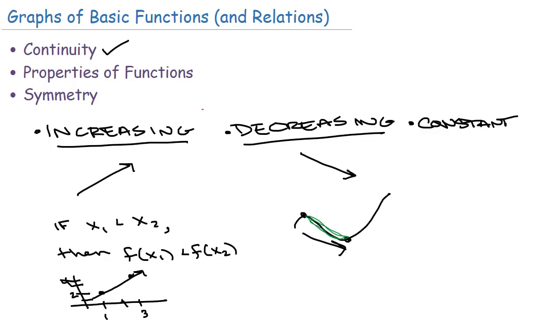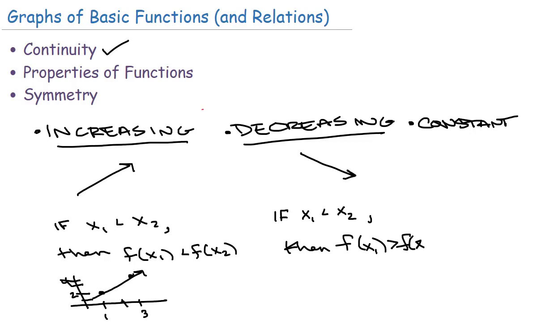And our math notation for that, let's clear this up really quick. Our math notation would be very similar to this last reasoning, but kind of the opposite. If we plug in a bigger x value than our previous one, so if our x2 is bigger than our x1, then our y value should actually get smaller. F of x1 is actually bigger than our next y value.